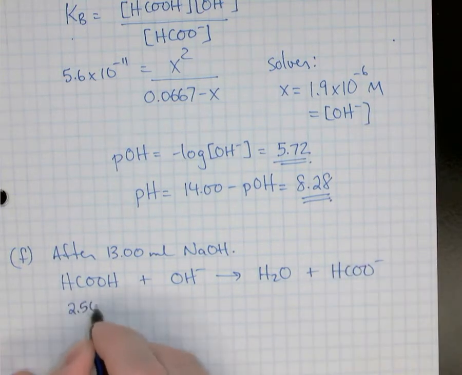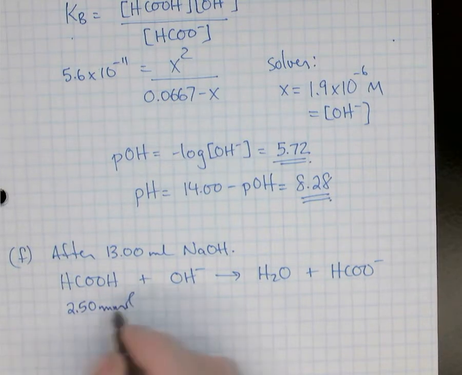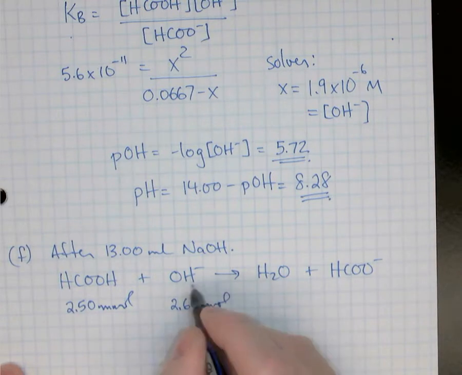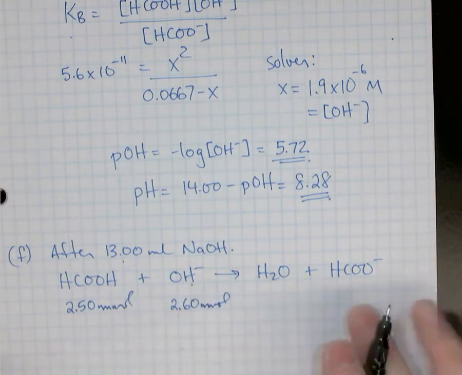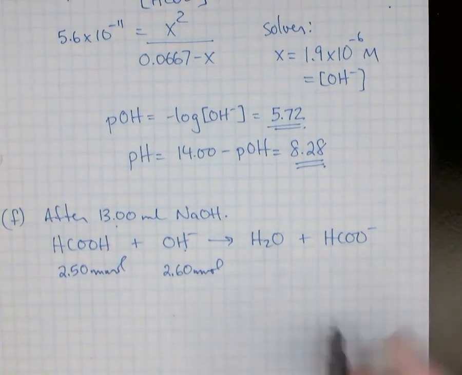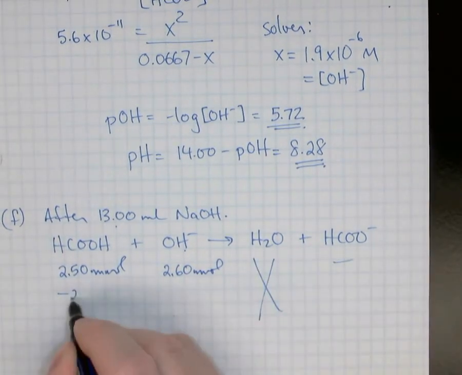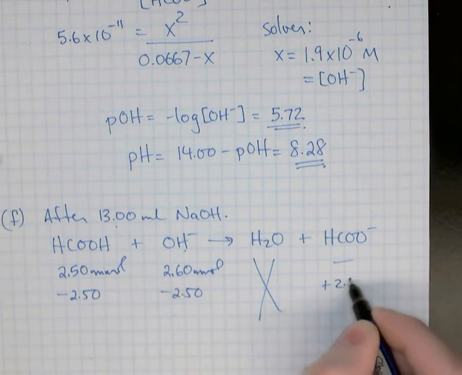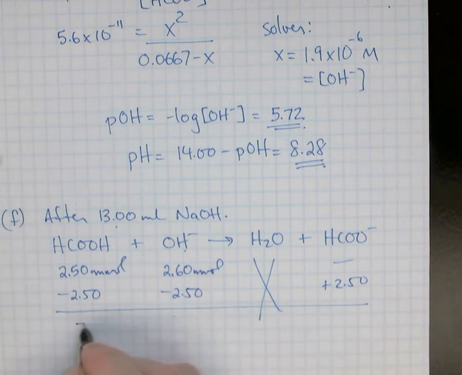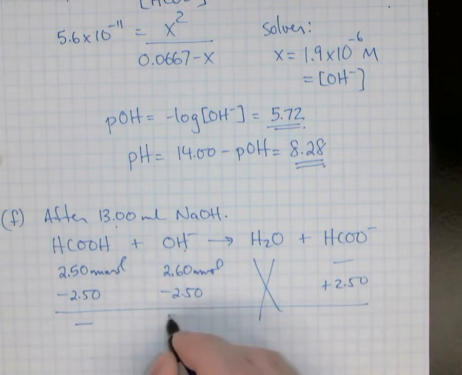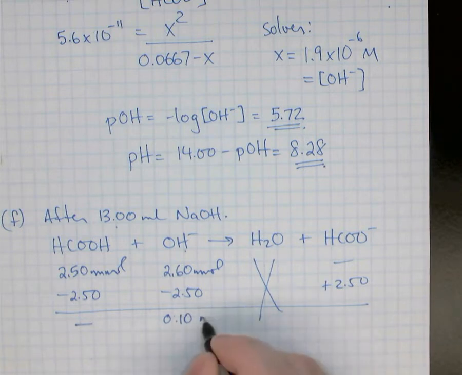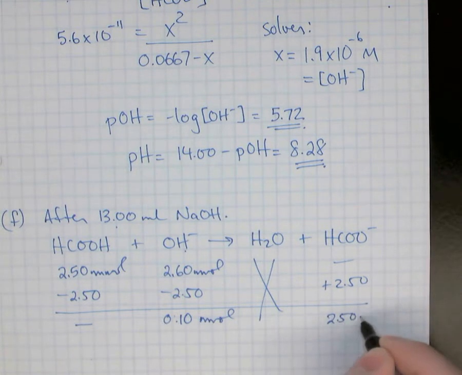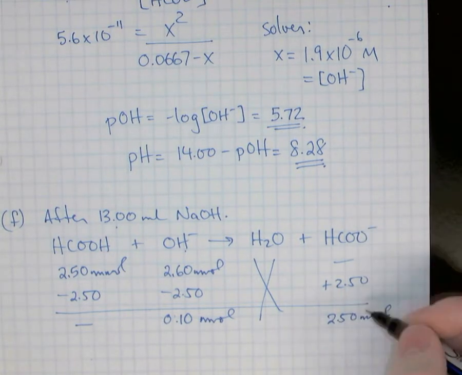We had 2.50 millimoles of the acid, and now we've got 2.6 millimoles of hydroxide, 13 times 0.2. So we subtract 2.5, the smaller number, minus 2.5 plus 2.5, and look at what's now left in the beaker. We have leftover 0.10 millimoles strong base, and we have 2.5 millimoles of weak base.